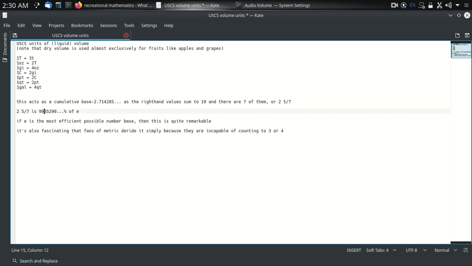If we were to change this to a percent, which I didn't properly do. 99.85299, and then the next digit is like 117 something. Percent of e. That's ridiculously close to e.